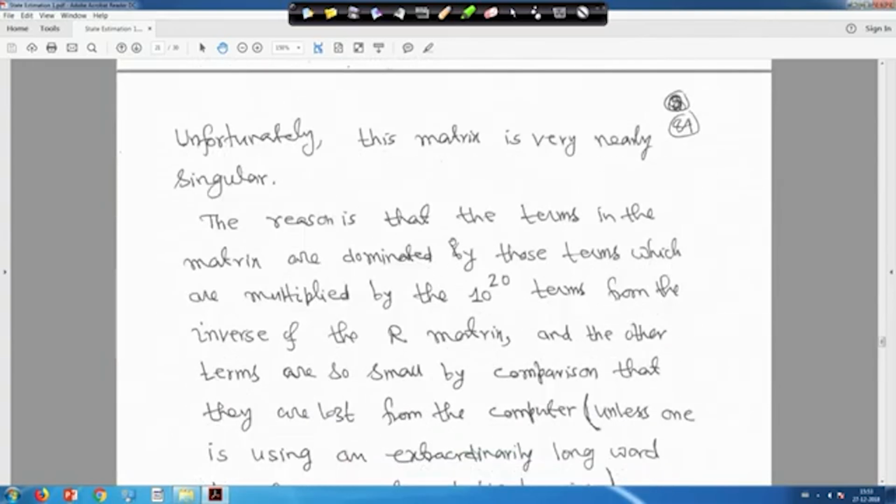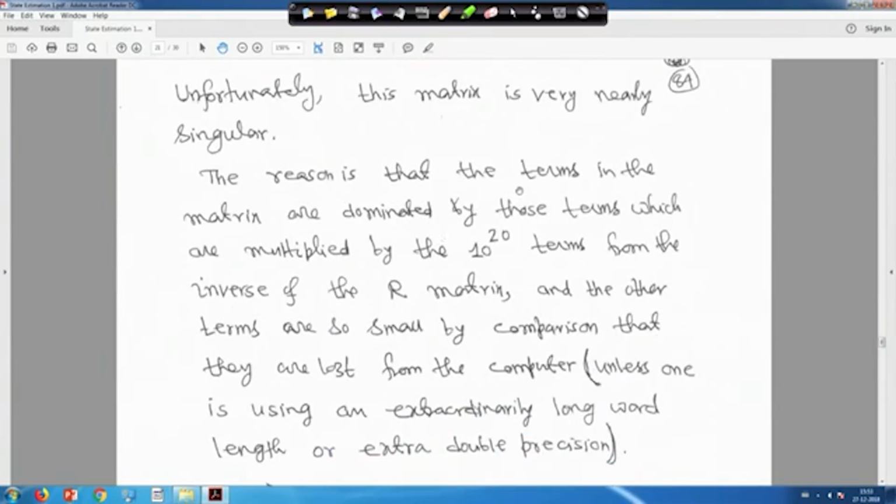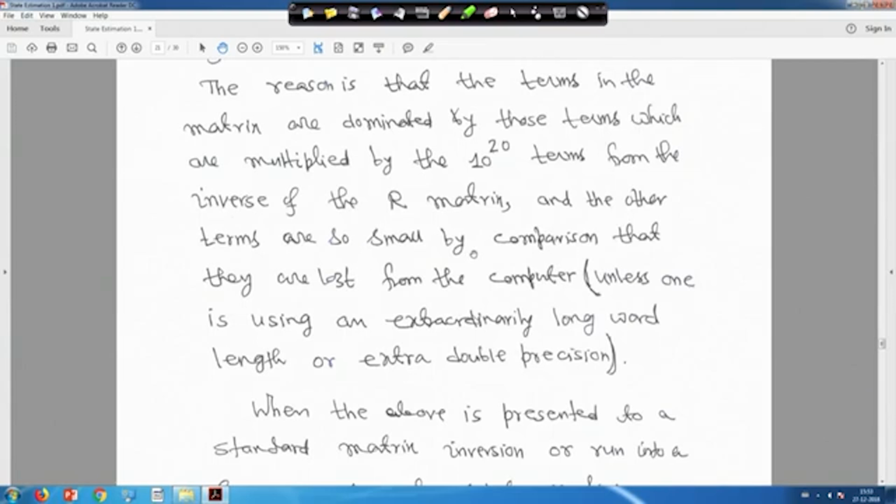The reason is that the terms in the matrix are dominated by the terms multiplied by the 10 to the power 20 from the inverse of the R matrix, and the other terms are so small by comparison that they are lost in the computer, unless one uses an extraordinarily long word length or extra double precision.